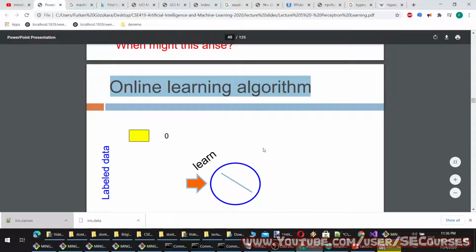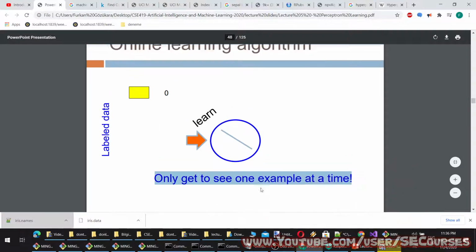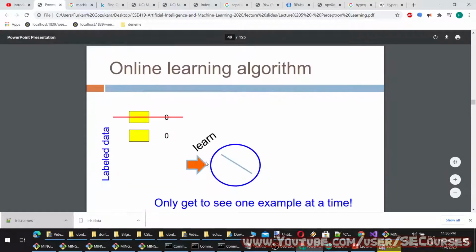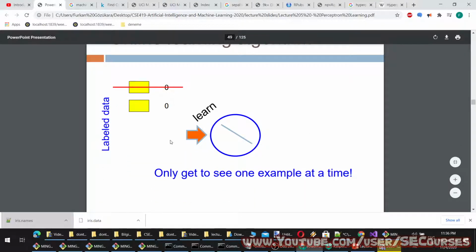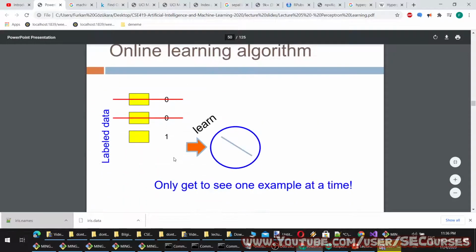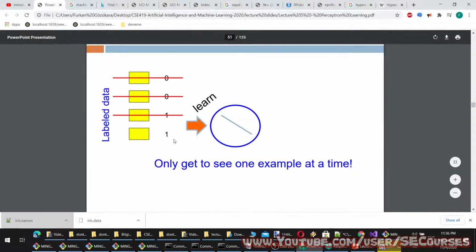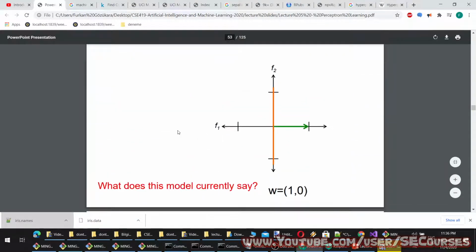Online learning algorithm. So there is labeled data, and we only get to see one example at a time. So with online learning algorithm, we only get to see one example at a time, and with that example, it tries to classify it correctly. Okay. So 0, 0, 1, and 1, and other ones.